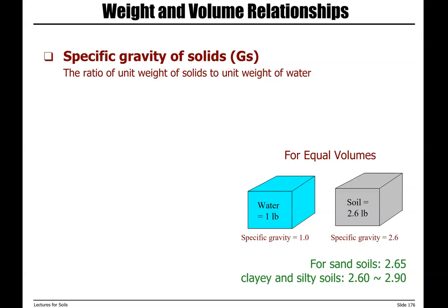Another physical property of materials is specific gravity. Again, the general definition: specific gravity is unit weight of material divided by unit weight of water.